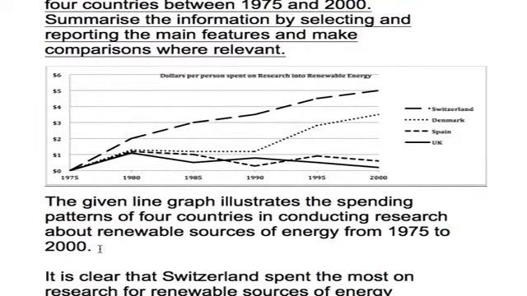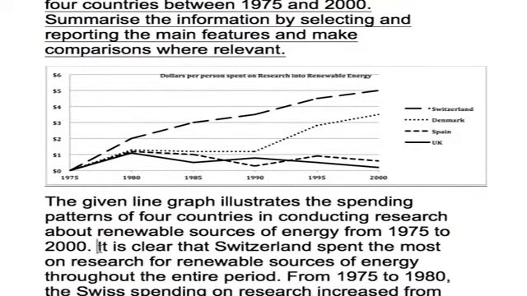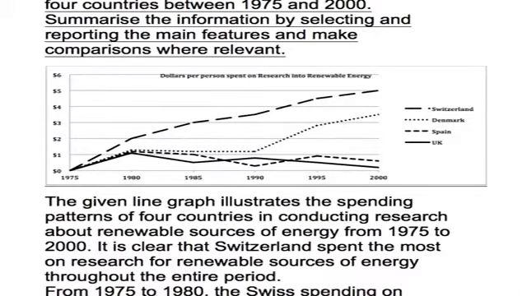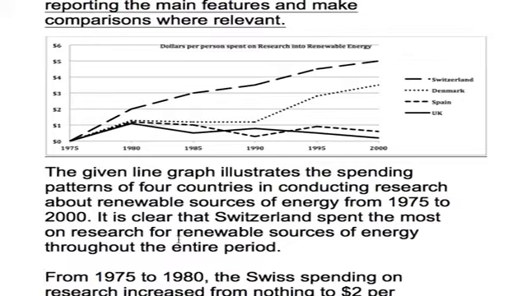So you have to put one more sentence here. So you can put up a general sentence. It is clear that Switzerland spent the most on research into renewable sources of energy throughout the entire period.